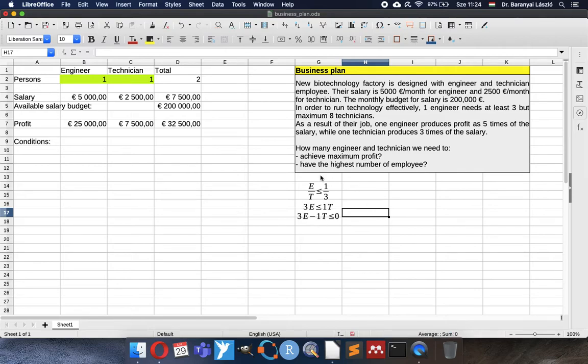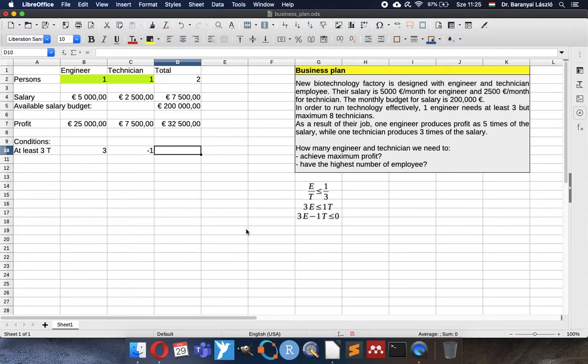Okay, so now you can see this is the equation describing what we are going to do. So at least 3 technicians. I just shortened technician as T. You can see the condition will be 3 minus 1.